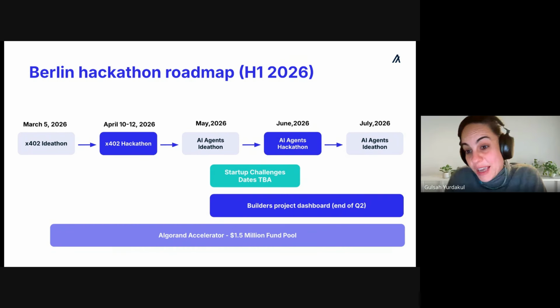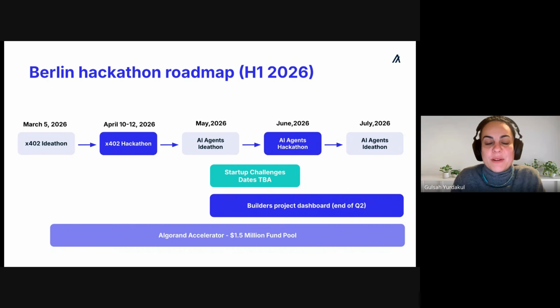We had this meeting today, and we will have another online workshop about x402. Some of our events will be live, some of them are going to be virtual, but the next one is on the 5th. We would like to kick off with an ideathon before the hackathon in April. We would like to introduce builders to this payment stardust and generate innovative use cases together with you.